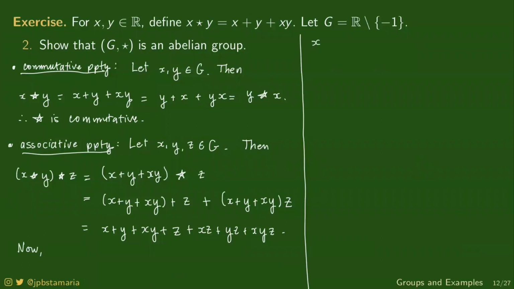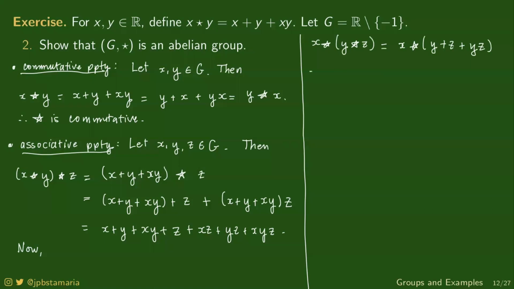is now x star (y star z), no? So in this case, we will operate y star z first. Okay? So how do we do y star z? That's y plus z plus yz. Yan. And then, paano ginagawa yung x star something?